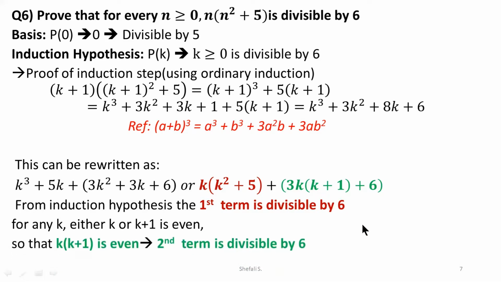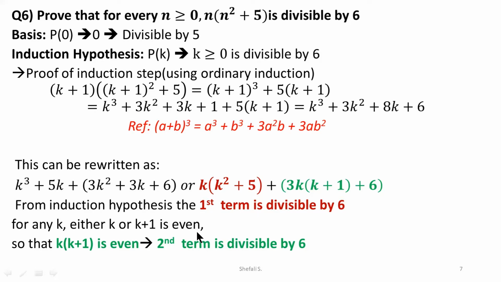When we have two successive integers, either k or k plus 1 will be an even number, of course, the step size is 1. Whenever either k or k plus 1 is even, then definitely the multiplication is even, because even multiplied by even is even. Even multiplied by odd is also even.